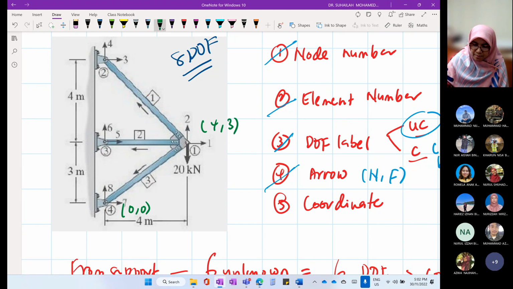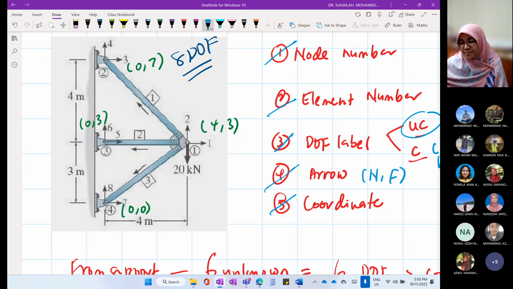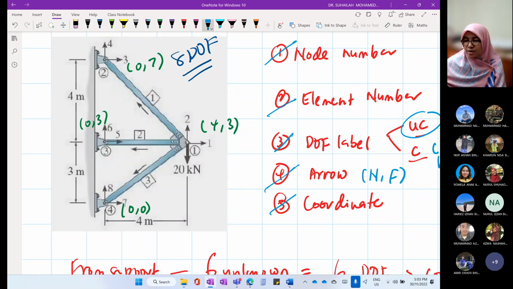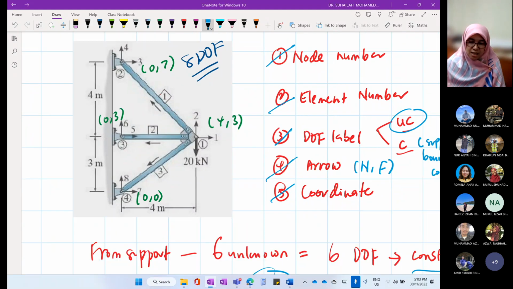Node number 3 will be 0, 3. And node number 2 will be 0, 7. So with the coordinates, only then can we start to analyze Cx and Cy, and after that we will establish the element stiffness matrices.